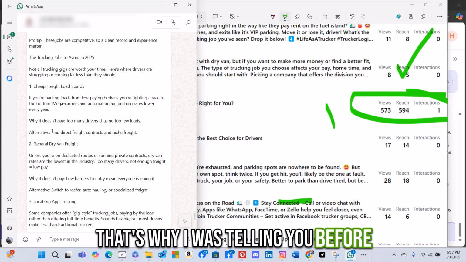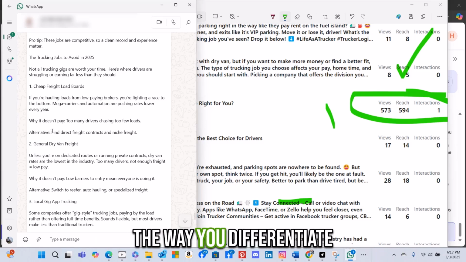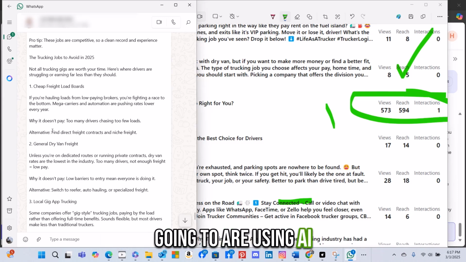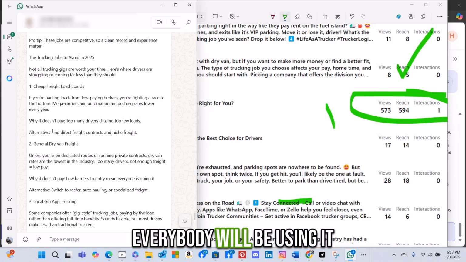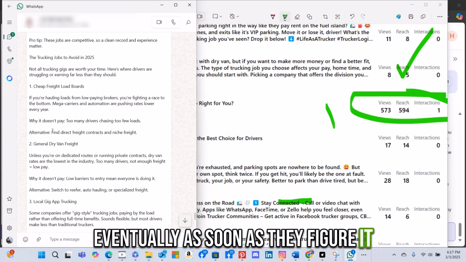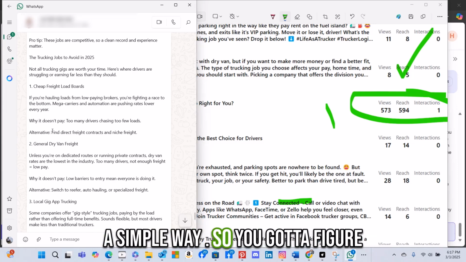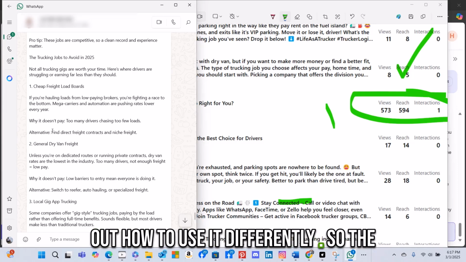That's why I was telling you before that the way you differentiate yourself, a lot of people are using AI. Everybody will be using it eventually as soon as they figure it out. But a lot of people just use it in a simple way. So you've got to figure out how to use it differently.